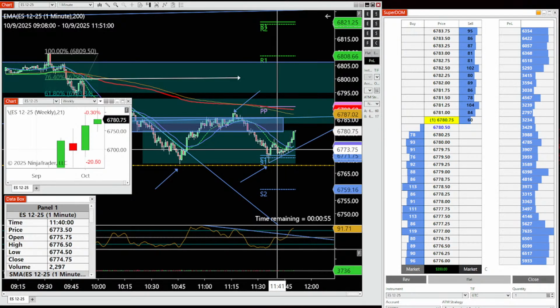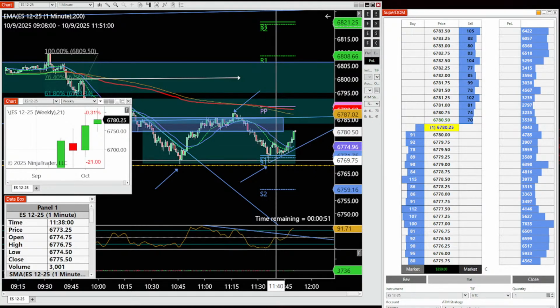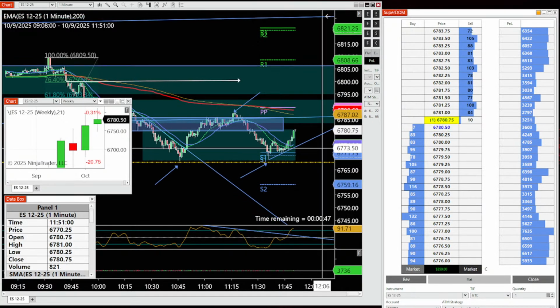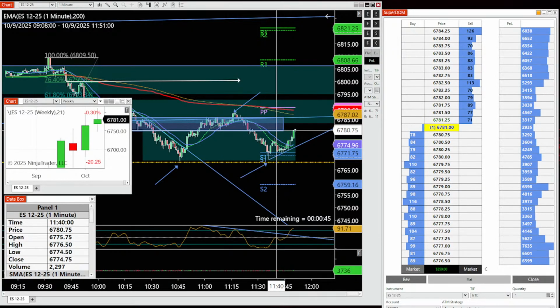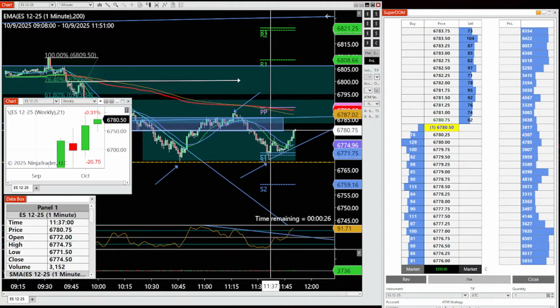Failed head and shoulders. We should go back up and test the head. Here's resistance at 81.52.